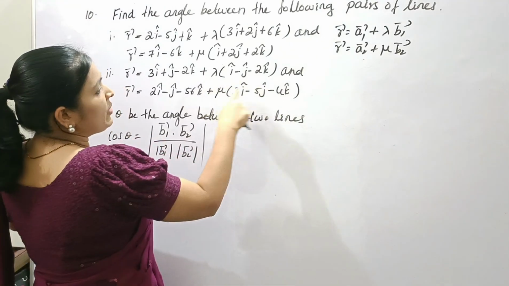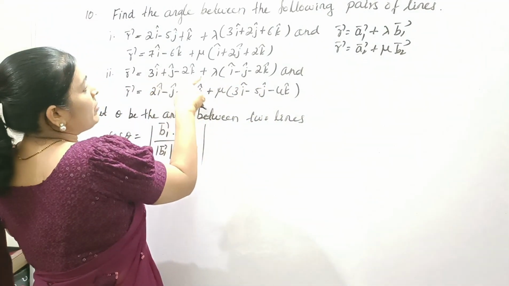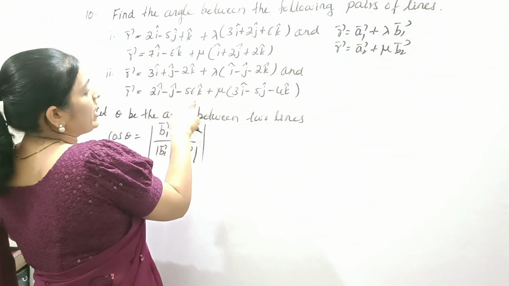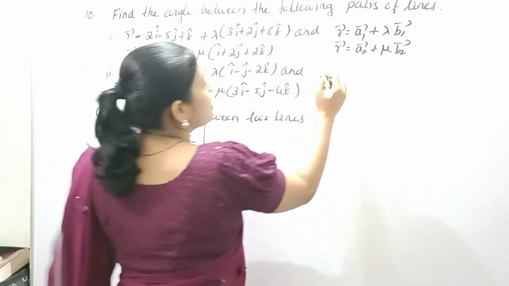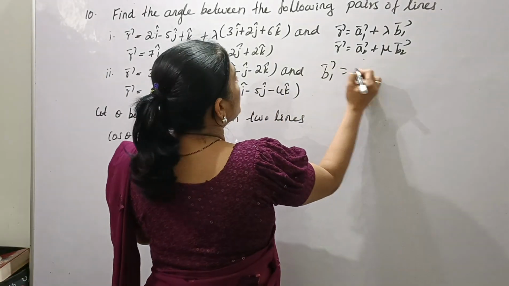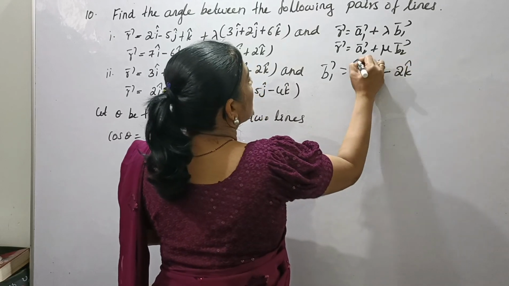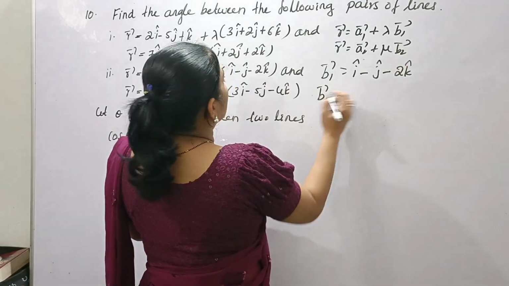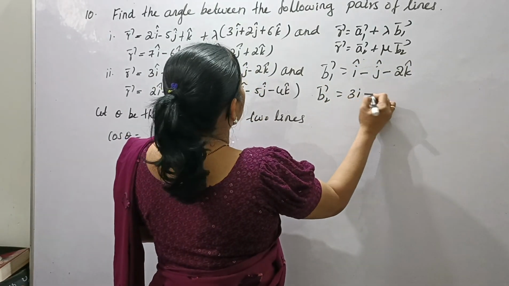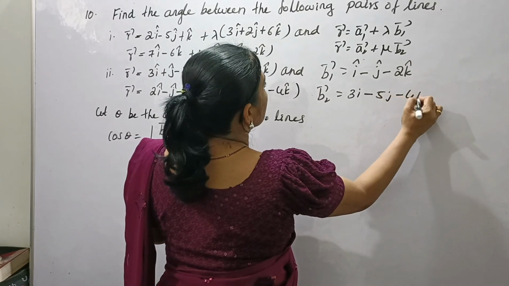Here vector b1 is equal to i minus j minus 2k, and vector b2 is equal to 3i minus 5j minus 4k.